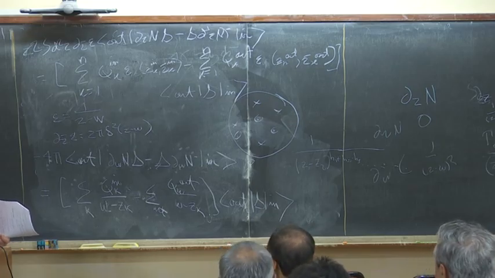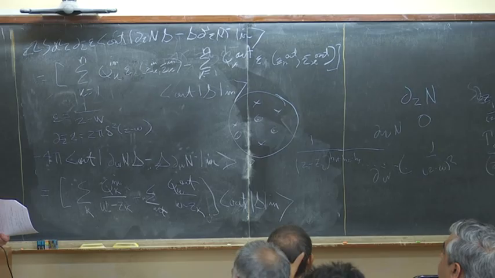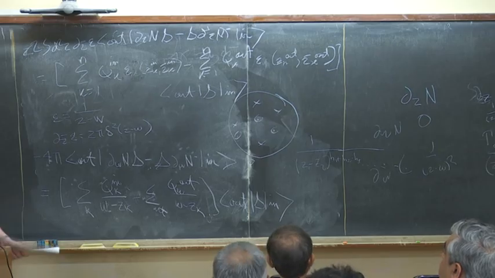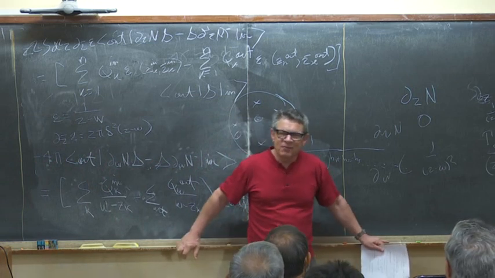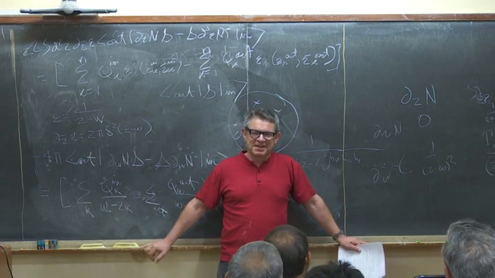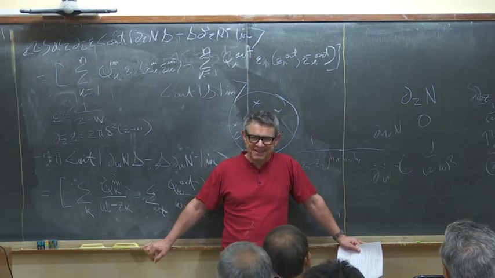Why is it free? Somewhere I missed. Why is it free boson? You mean N and C together in this? Because why is everything free? It's because we're on scri plus where nothing interacts. It's just quadratic interactions.